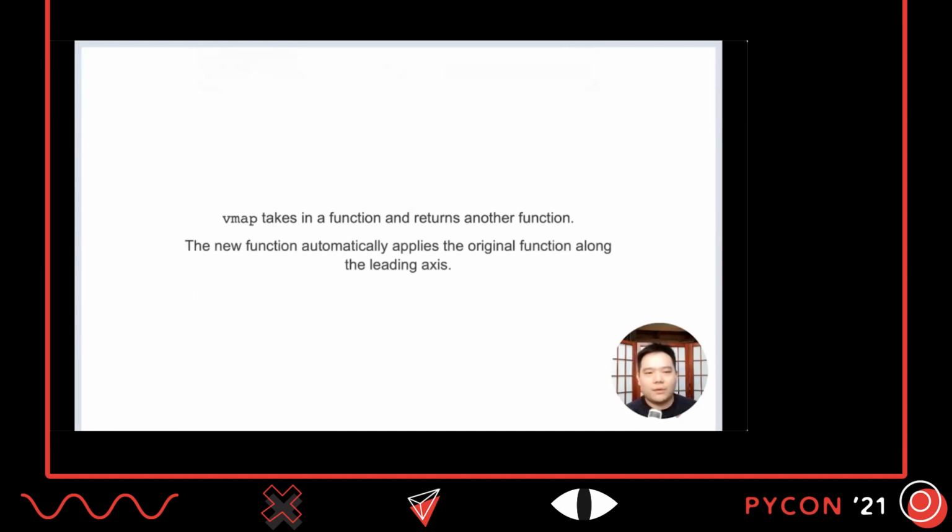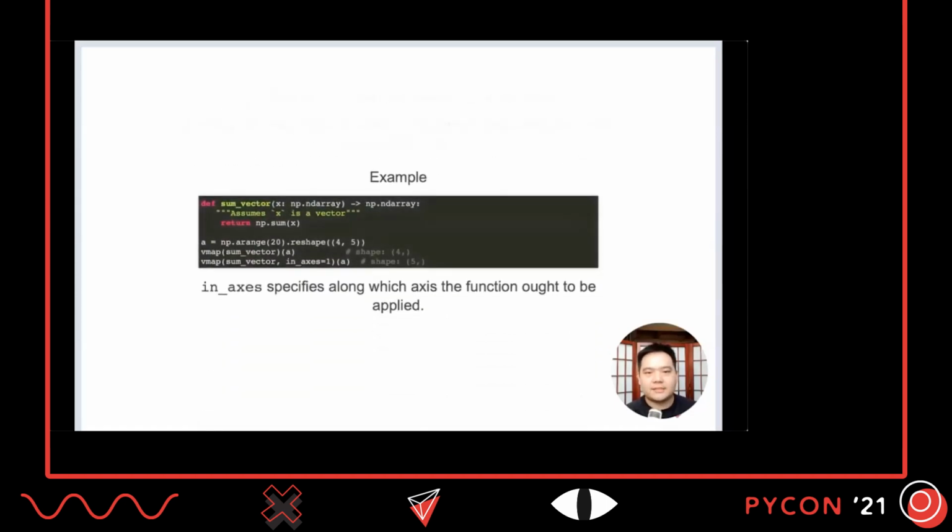Okay, so now what if we wanted to change the default behavior of mapping across the leading axis? Here's where we'll see another simplified example where vmap might come in handy. This time it's with a reductive function called sum. So we have a sum vector, which applies the summation operation over a single vector, okay?